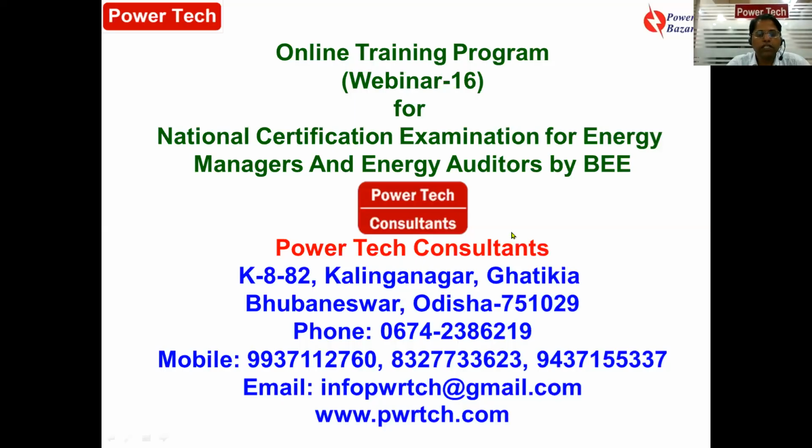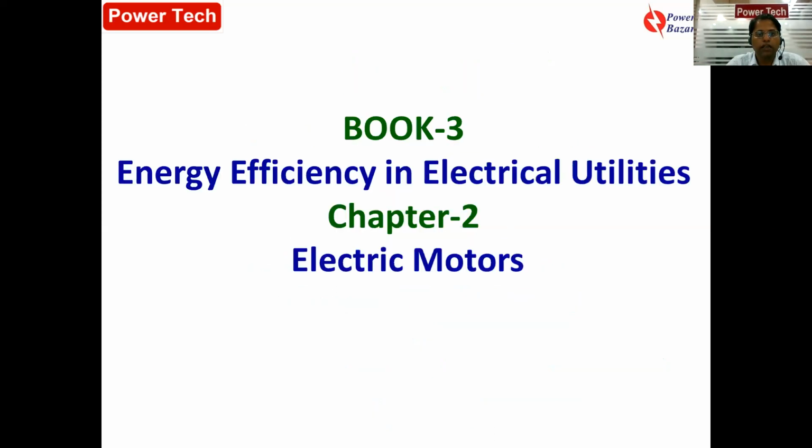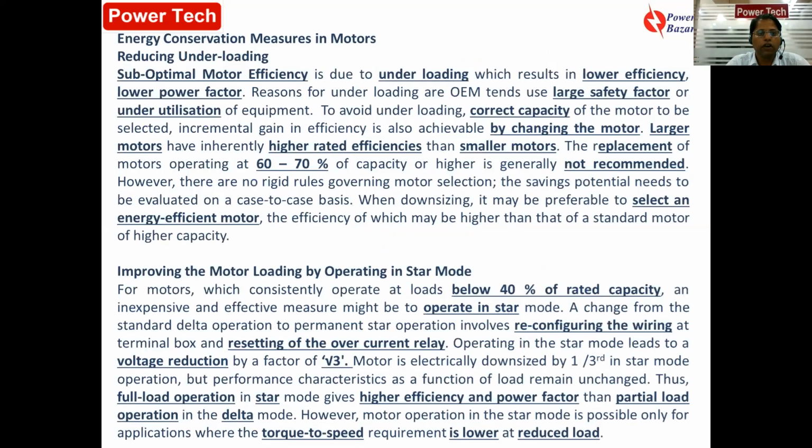So, webinar number 16 is basically the remaining portion of chapter 2, electric motors, in book 3, that is energy efficiency in electrical utilities. Now we have studied motor load survey.